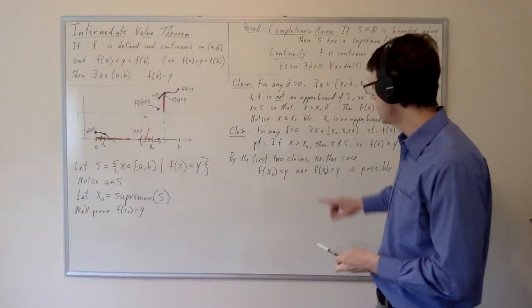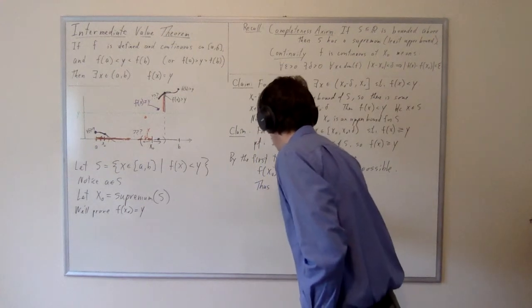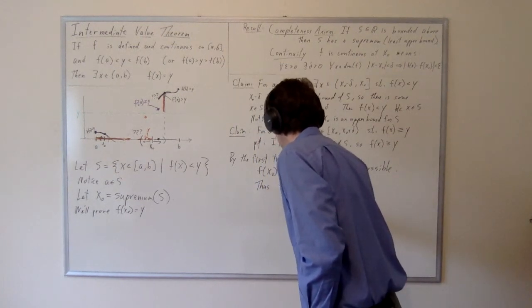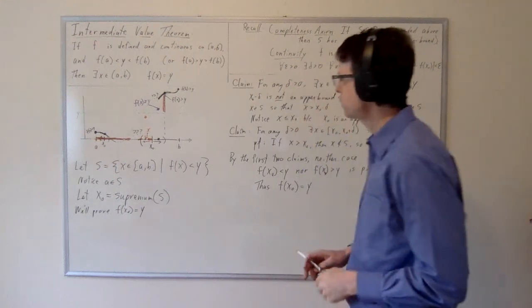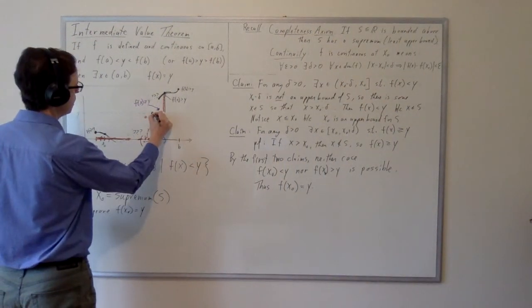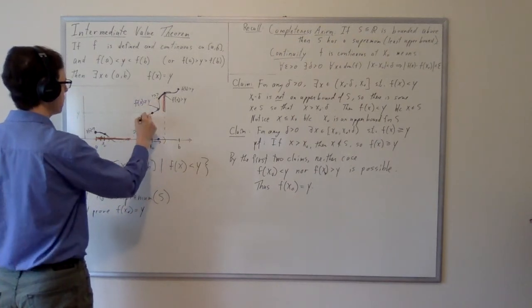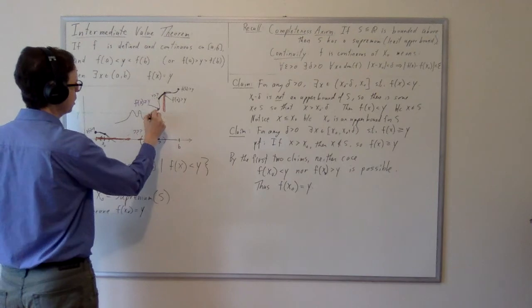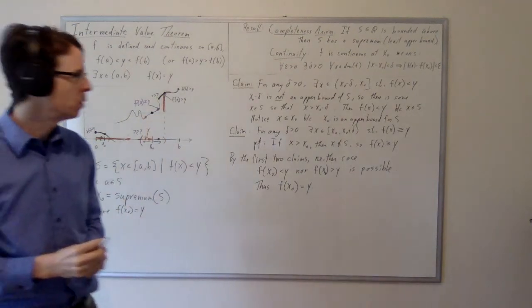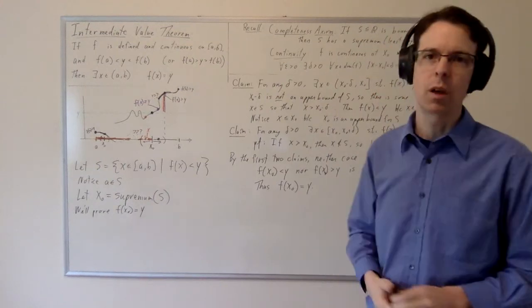It's either less or greater or equal. And if we've ruled out less and ruled out greater, then it must be equal. F of x naught is equal to y. And so we have finally shown that that must be the point at which the function, or at least one of the points at which the function, crosses through that critical value. And this completes the proof of the intermediate value theorem.